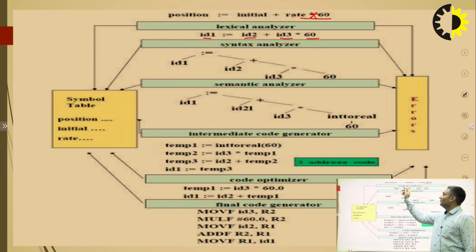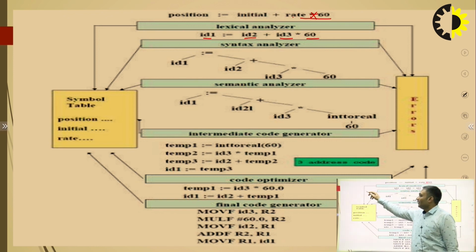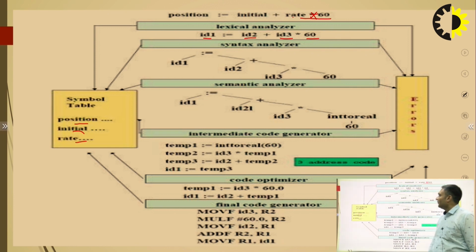So a set of tokens is produced by the lexical analysis, and the entries of the corresponding symbols are made in the symbol table. Now syntax analysis will produce the parse tree based on these tokens. So ID1 will be here, ID2 here, ID3 here, and 60 here, based on this instruction.